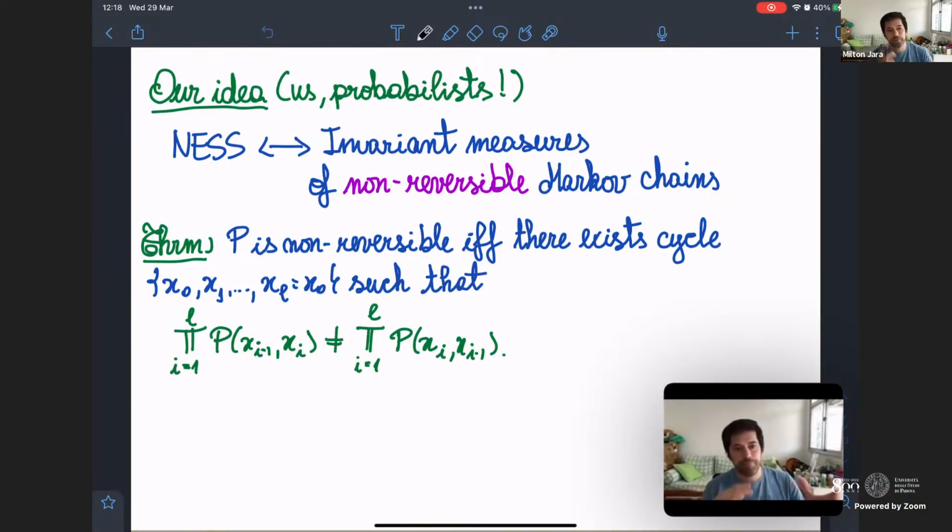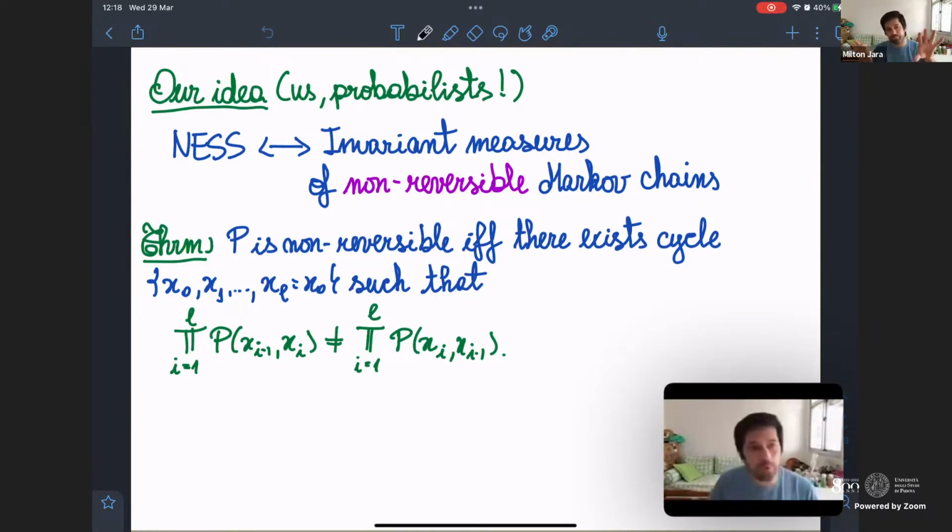They have complex structure and complex dynamics, and in particular there is some sort of unpredictability, so you never know when a hurricane is going to appear or things like that. From that point of view, it's nice that you can tell whether a Markov chain is non-reversible without actually looking at its invariant measure.